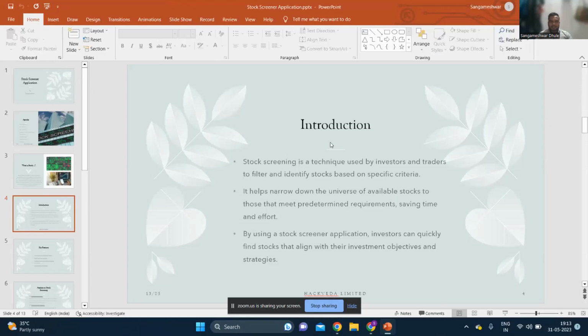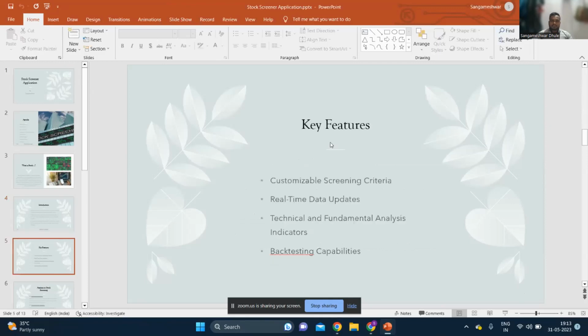The data filtering covers what the stock did in the past and what it might do in the future, with prediction. It helps narrow down our universe of available stocks to those that meet predetermined requirements. It also saves time and effort. By using our application, the investor can quickly find stocks that align with their investment objectives or strategies.